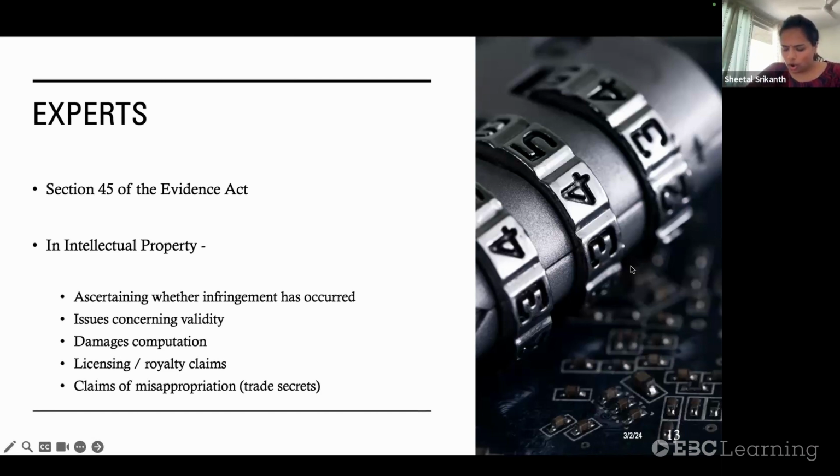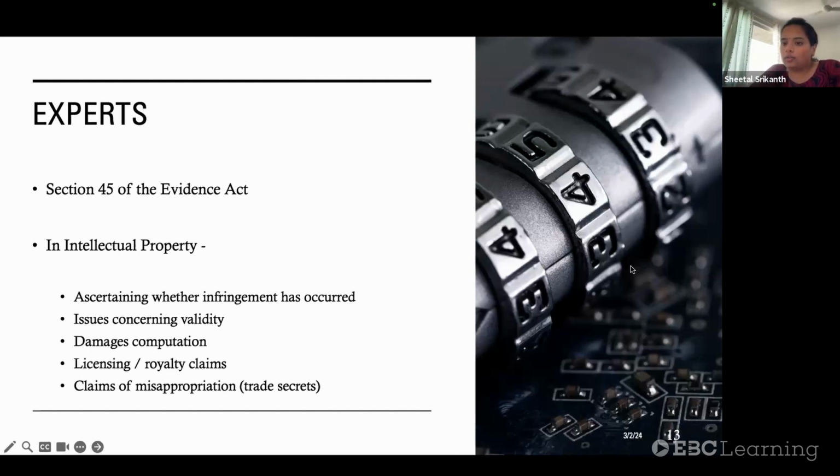So what happens normally in court is the plaintiff will call his expert and file that expert's report. The defendant will call their expert and file that expert's report. So what the judge is able to do in that case is compare the reports of both the experts to see if there is any finding of infringement or non-infringement that he can make.